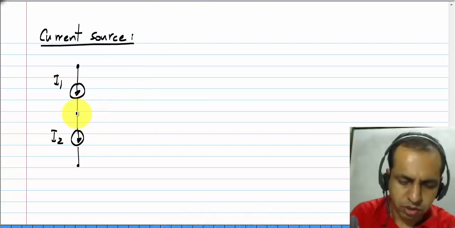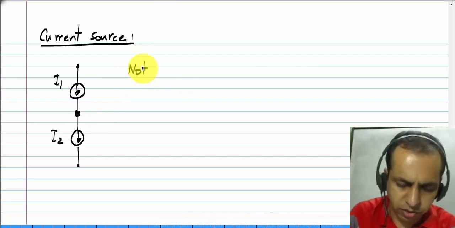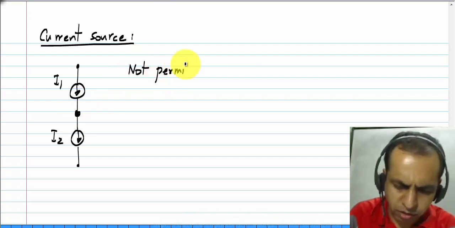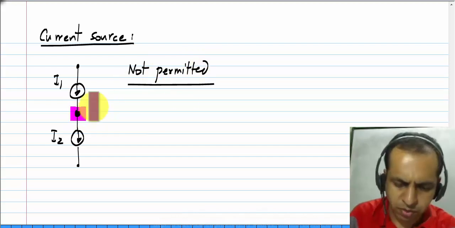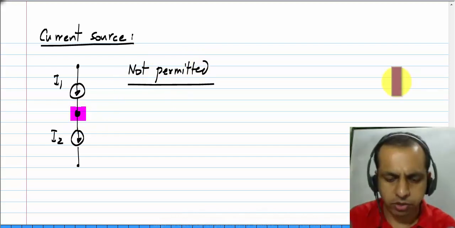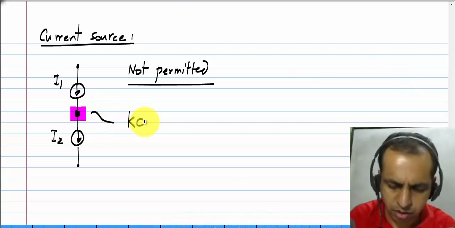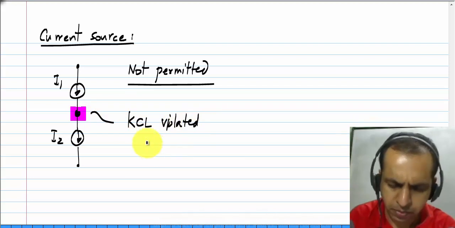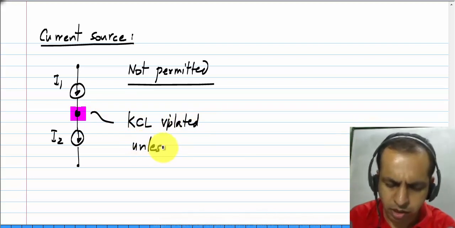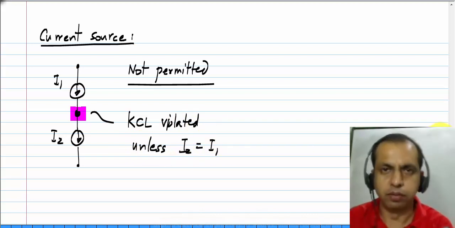You will immediately notice that this connection is not permitted because Kirchhoff's current law is violated at this node. Unless I2 happens to be exactly equal to I1.